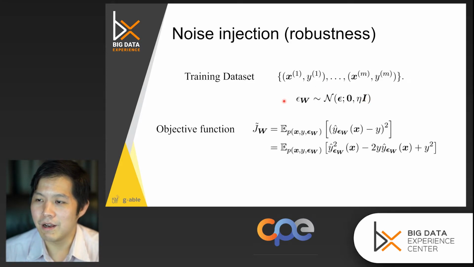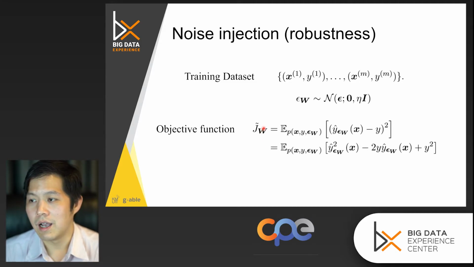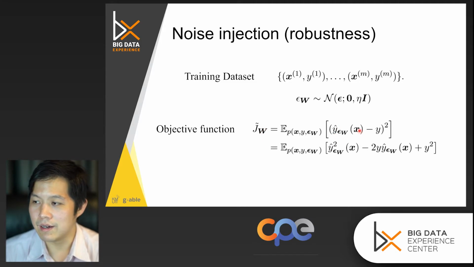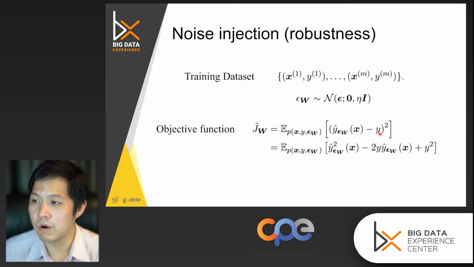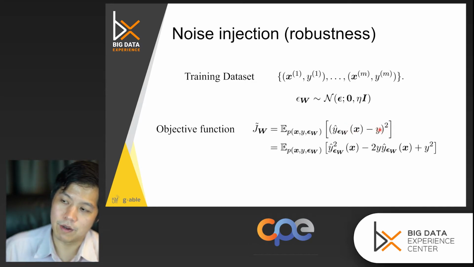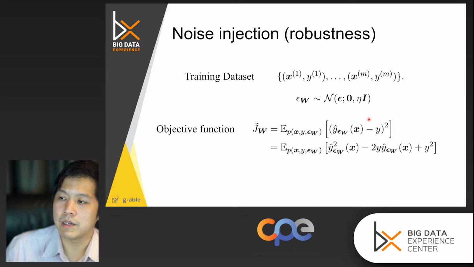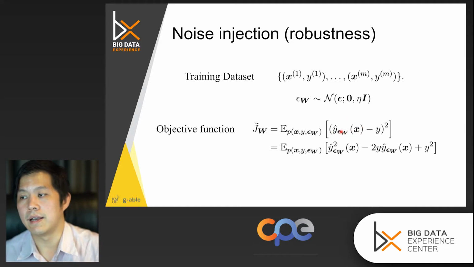The objective function of the optimization now would change from comparing between the y and the prediction of x, right? The prediction of x with some variation here.